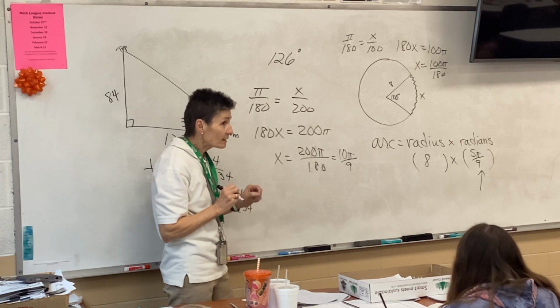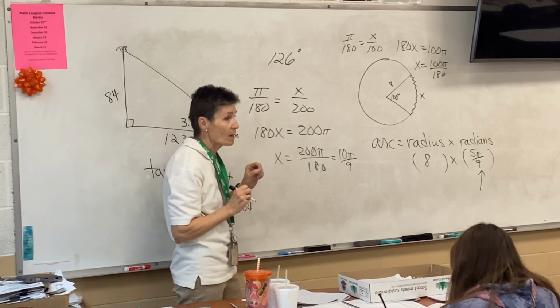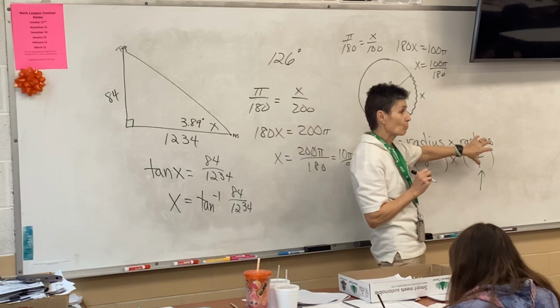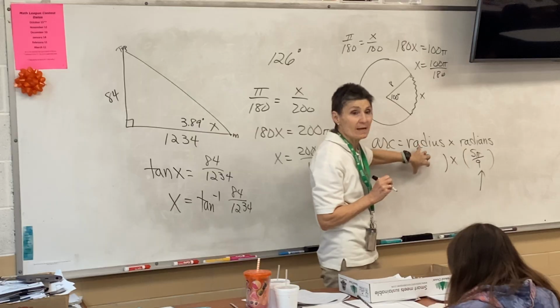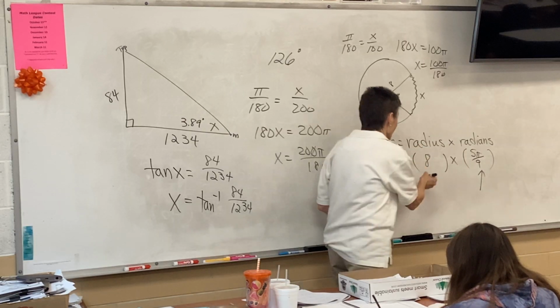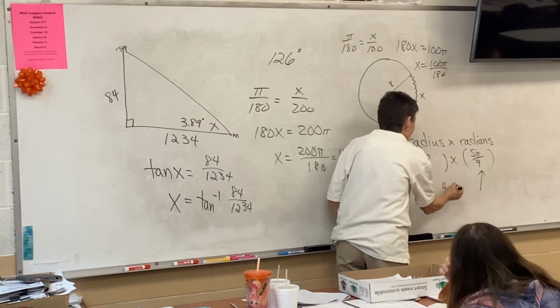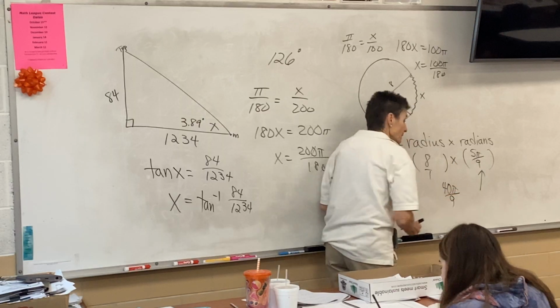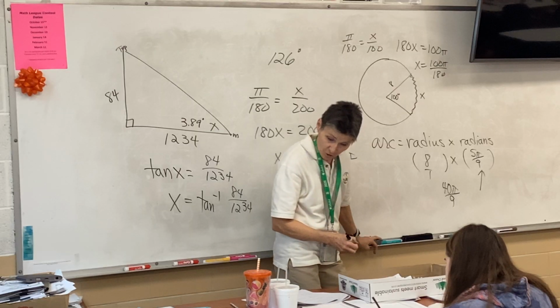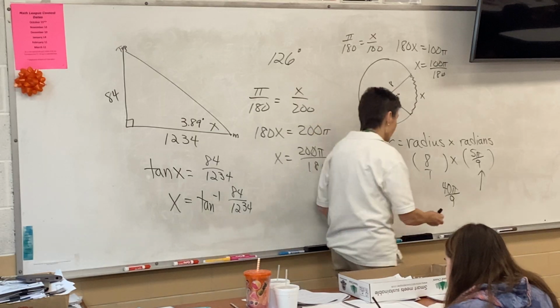Is that the answer? Is 5 pi over 9 the answer? No. 5 pi over 9 is the radian measure that now I can multiply by the radius and get my arc length. So multiply straight across. So that's 40 pi over 9. That doesn't reduce. The unit is feet.